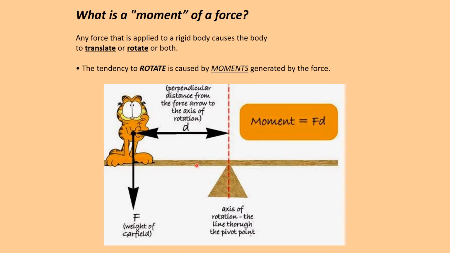This is a really simple cartoon, but these principles are going to apply for all of the problems. So you're going to want to really pay attention to what the system is trying to rotate around. And when you figure out what it's rotating around, that's how you're going to define this distance, this lever arm, between what it's rotating around and where the force is applied.